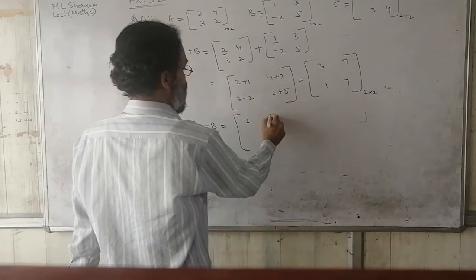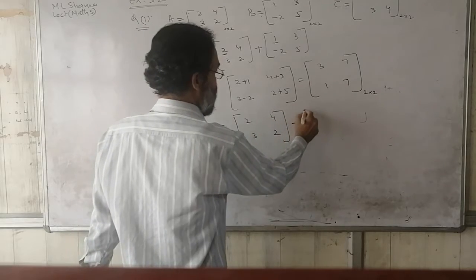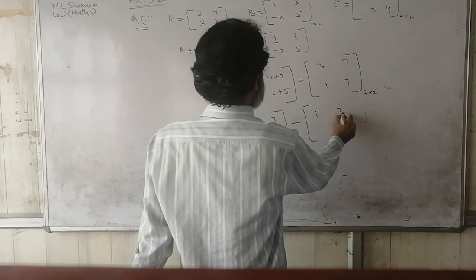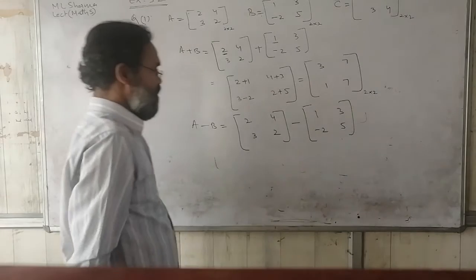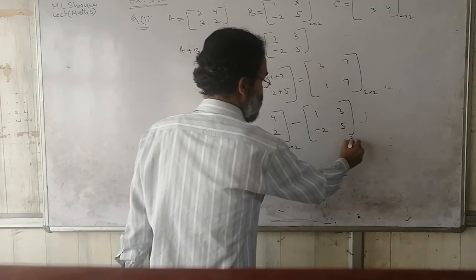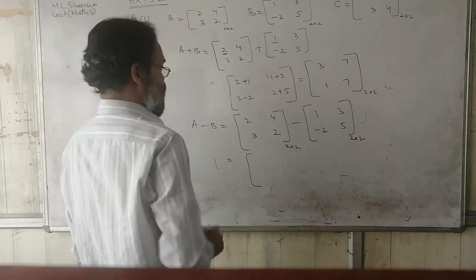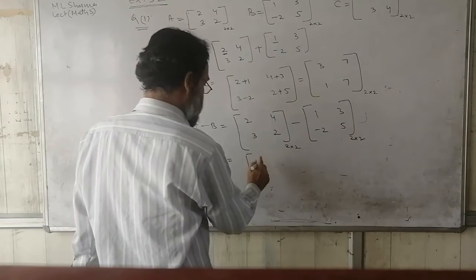Then if I have to find A minus B, for that, elements of 2, 4, 3, 2 minus 1, 3, minus 2 and 5. Again 2 by 2 matrices, both are 2 rows and 2 columns. So their subtraction will be, now instead of plus sign I will put minus sign here.